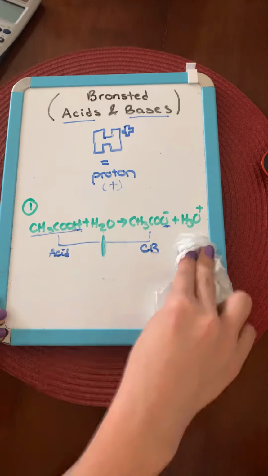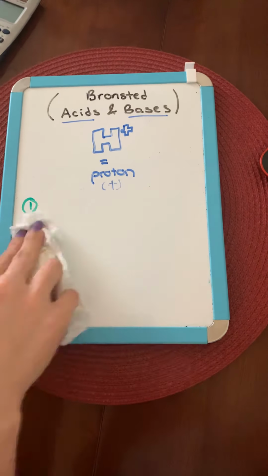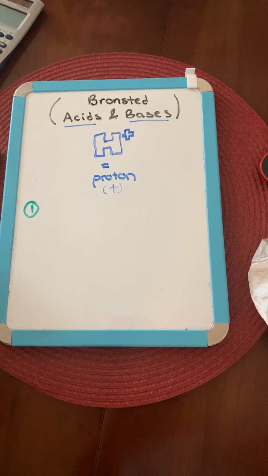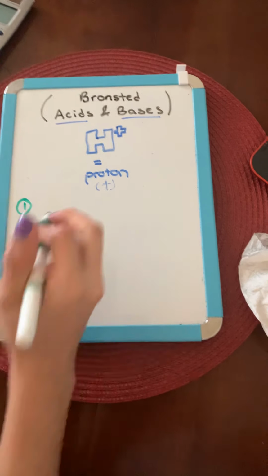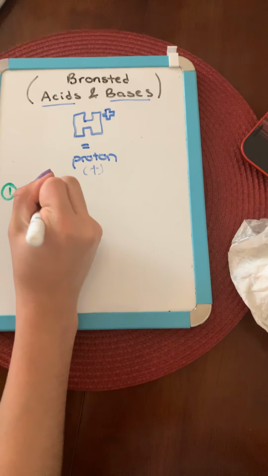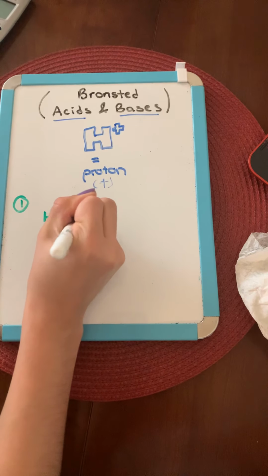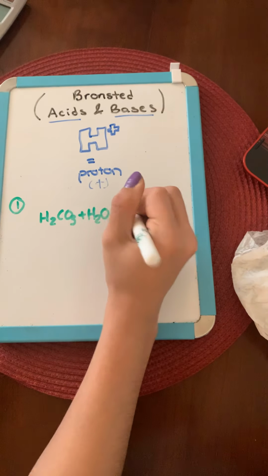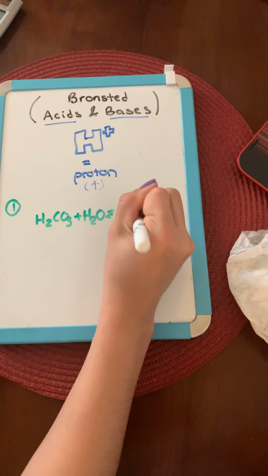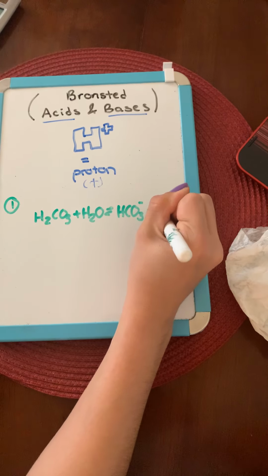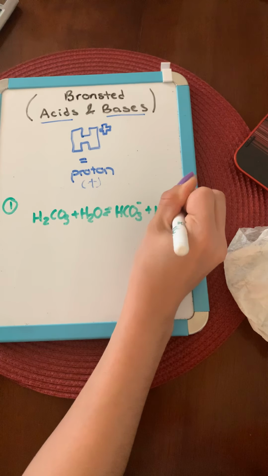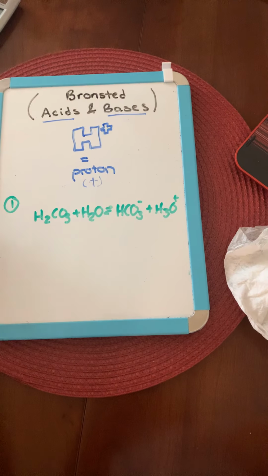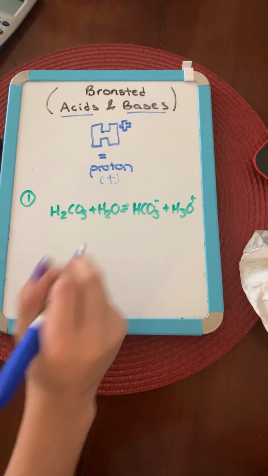Let's do one more problem from one of the exams. The exam says that in this reaction you have H2CO3 plus H2O going to HCO3 minus plus H3O plus. Remember, you just have to go back and forth between the comparison.